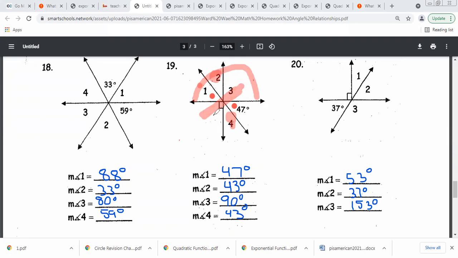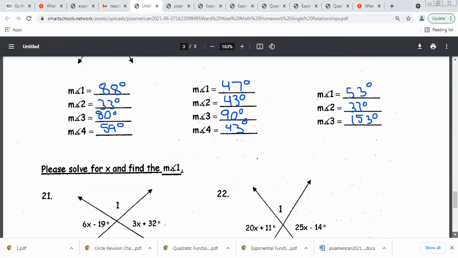The easiest way is to use pairs of vertical angles like this: we have 1 with 3, 2 with 33, 4 with 59, then we can find the answer by a quick way. So this is how we can use vertical angles to find the missing angle by using angle relationships.